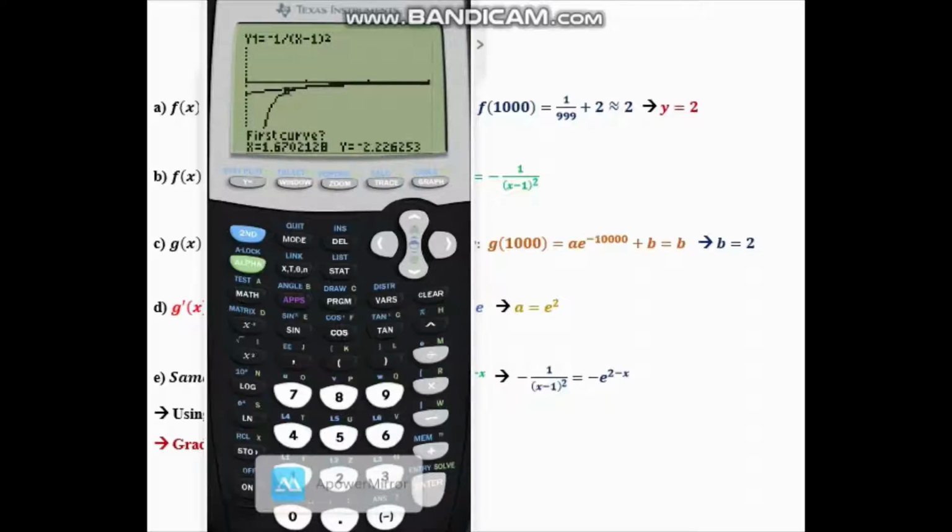The first curve, so I want to find the intersection, which is roughly somewhere around here. So I'm just going to drag my cursor far to the left and press enter. Then drag my cursor far to the right, and then press enter, and then guess where the intersection is, somewhere here maybe.